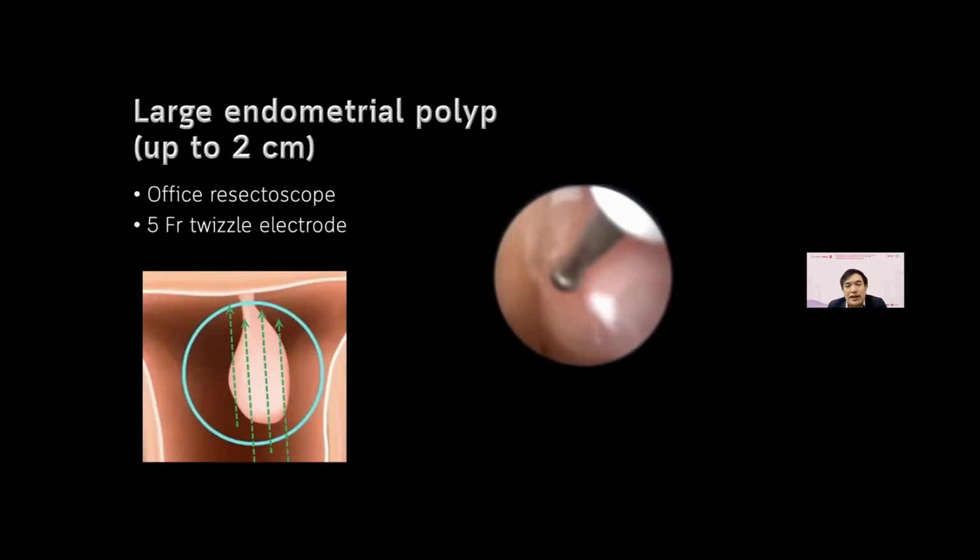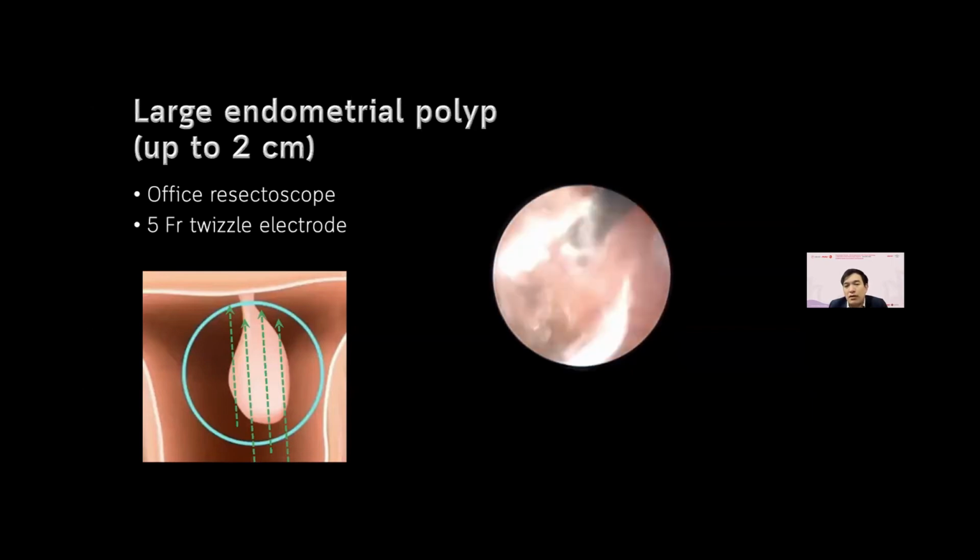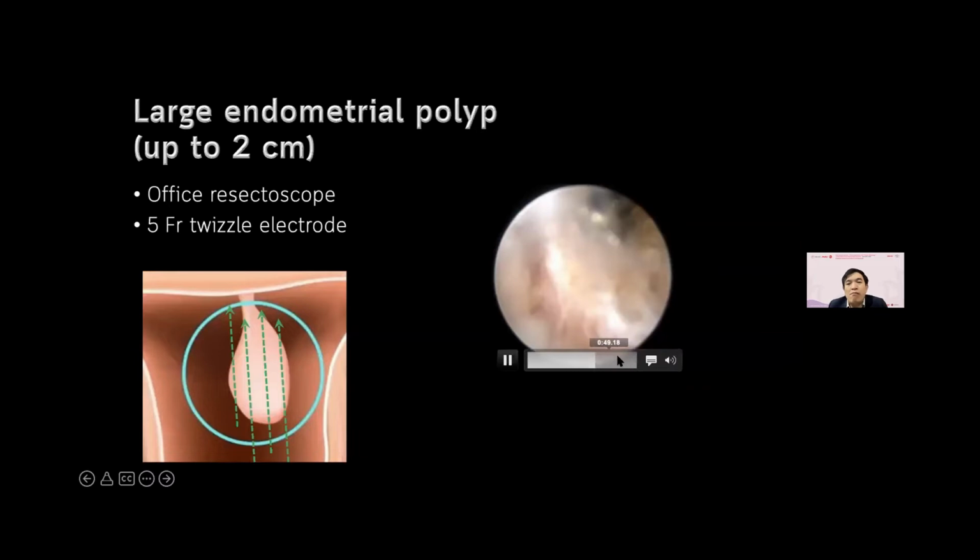We can cut it into small slices and remove it at the end, as you can see from the video here. It's just a minute, and the lesion is gone.